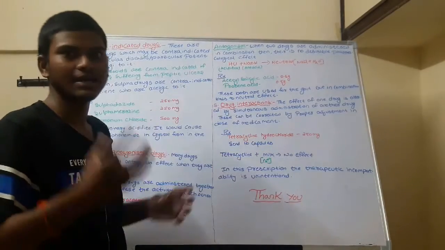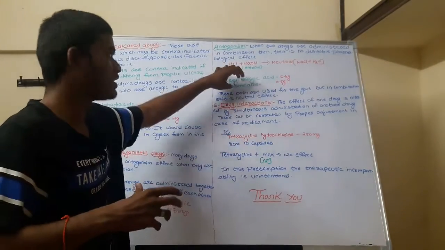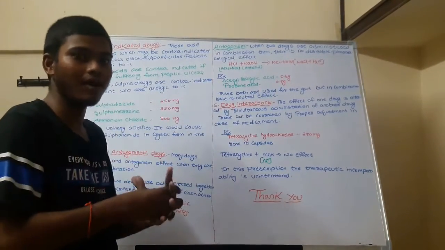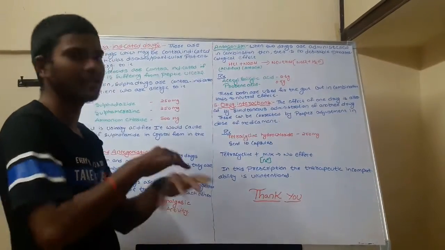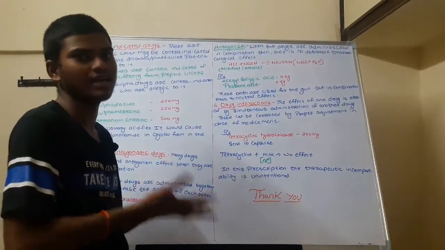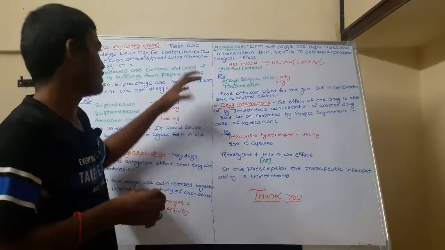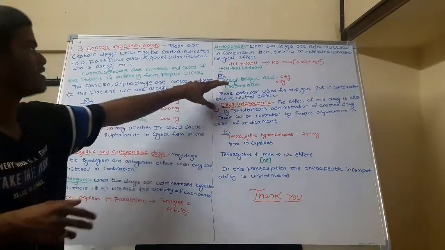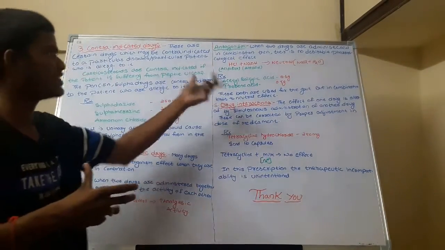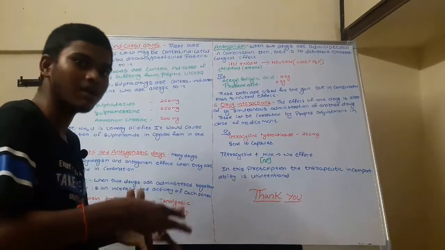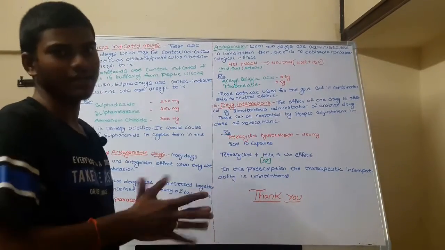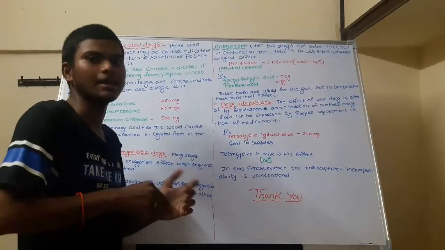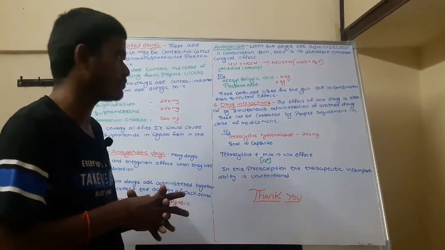But when these drugs are administered at a time or in combined form, a neutral effect is produced and there is no pharmacological action. This prescription is an example of antagonism. Right?